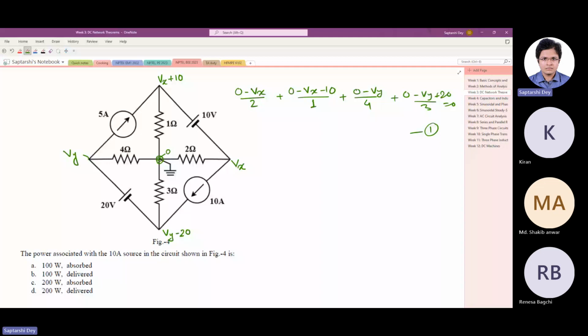Let us write KVL at the outermost loop. So we have minus plus here, and if we write another minus plus, then this is Vx minus Vy plus 10. Are we getting something or not?